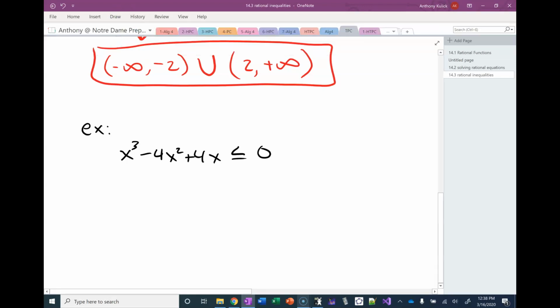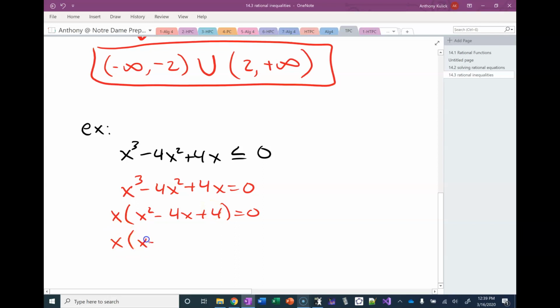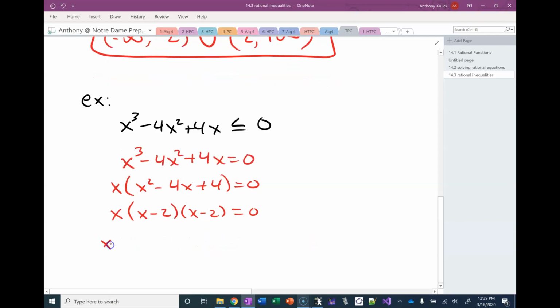Again, we start by taking the polynomial part, setting it equal to 0 and solving to find the places where the sign can change. I'll begin by taking out a greatest common factor of x, and then x squared minus 4x plus 4 factors to x minus 2 times x minus 2. When I set these equal to 0, I get really just two solutions.